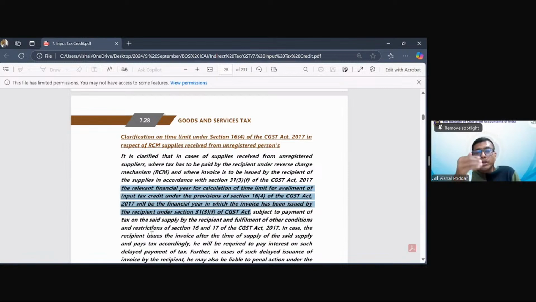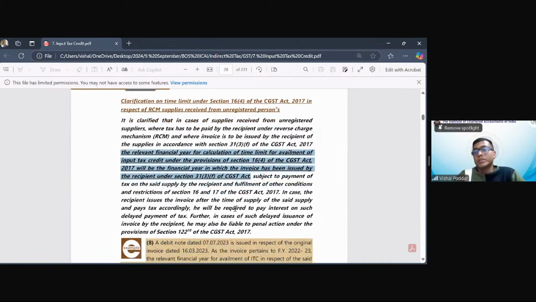But since here my supplier is unregistered, as per 31F, I have to make the invoice myself, which is called a self invoice. This self invoice I make after 2 years, that is in 26-27. So my time limit for getting the credit will start from 26-27, and it will then become 30th of November 2027. So this is an interesting clarification that has been provided by way of circular.